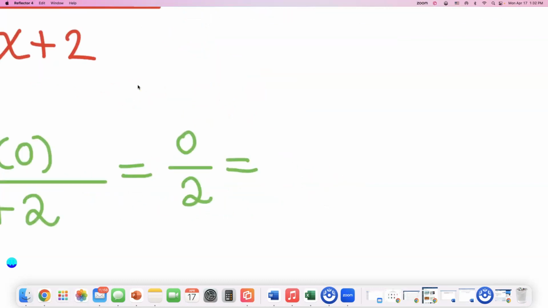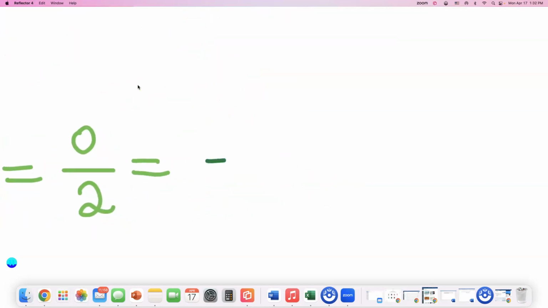So what number needs to be sitting on top of the fraction if I want something divided by 2 to be -2? Well, that number's got to be -4, right? Because -4 divided by 2 is -2. So now that's going to work.